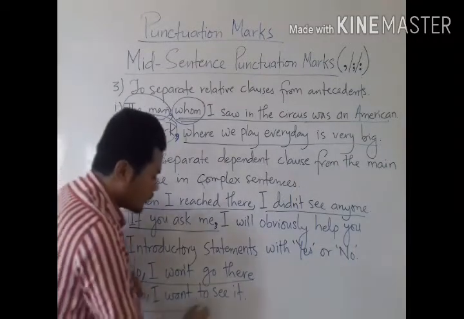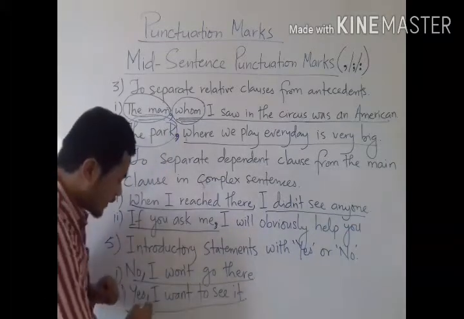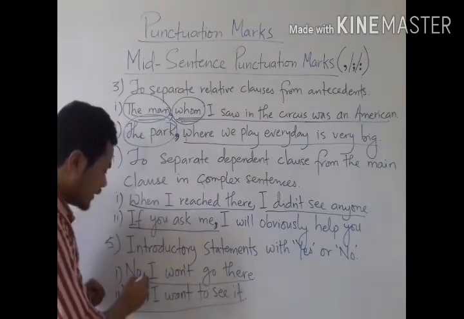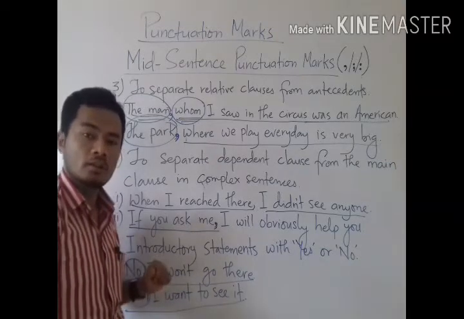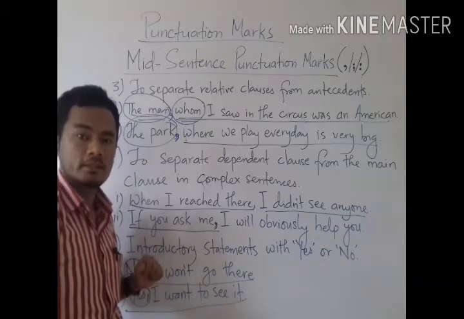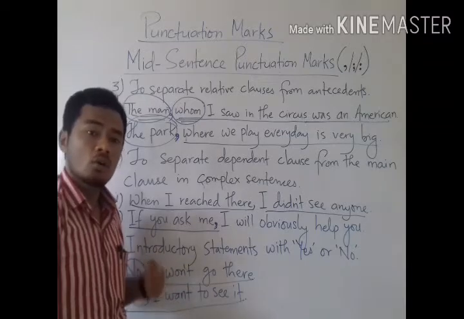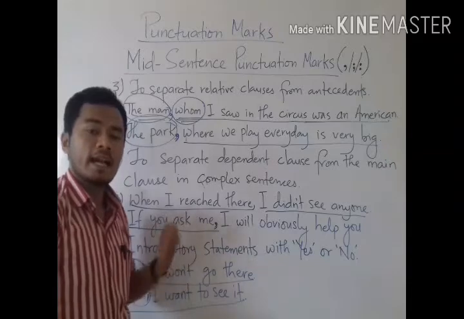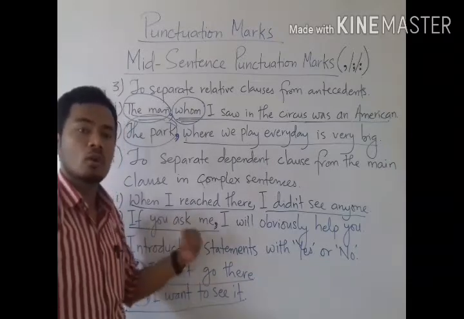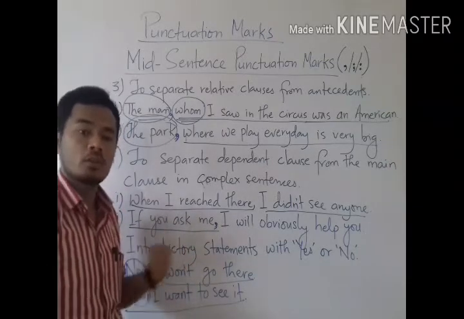Okay. Yes, I want to see it. After yes, I have put a comma because here no and yes are used as introductory words in these two sentences. Okay, so whenever we use no or yes as the introductory words for any kind of statements, then after this no or yes we have to put a comma.